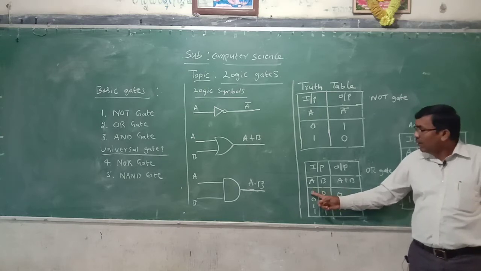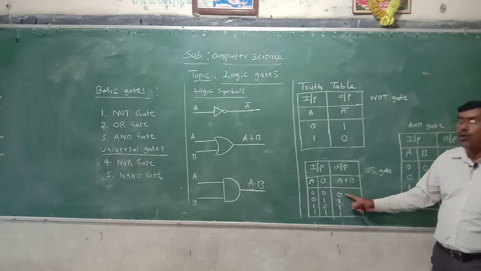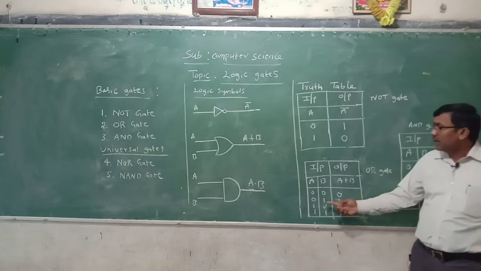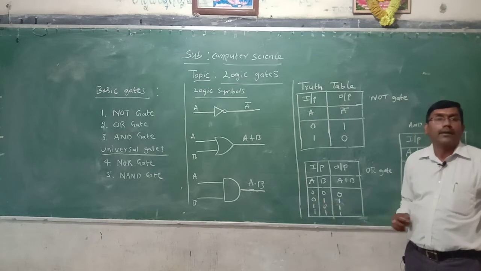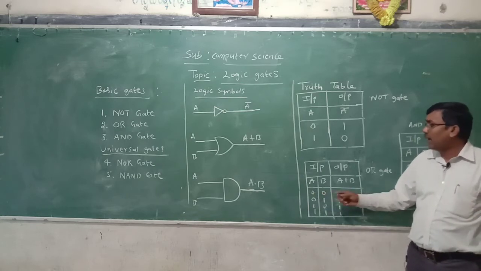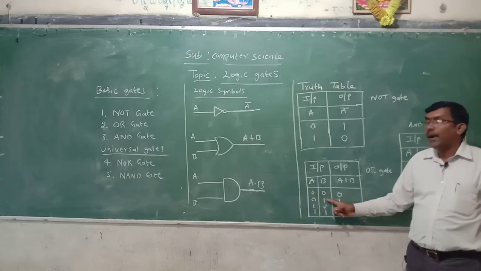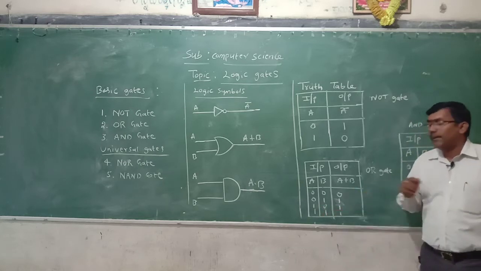If you give two low inputs, then it produces low output only. Similarly, you can have the possibilities 0 and 1, 1 and 0, and 1 and 1, which correspond to tail and tail, tail and head, head and tail, head and head.